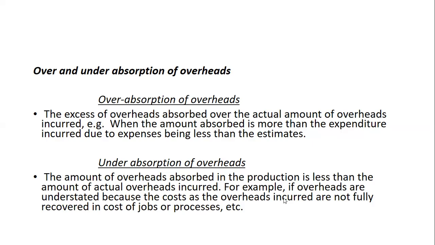For example, if overheads are understated, because the costs, as the overheads incurred, are not fully recovered in the cost of jobs or processes each. Now, under absorption of overheads, what happens is that the estimated overheads, which is what we call overhead absorbed, are less than the actual overheads. Then that is under absorption.